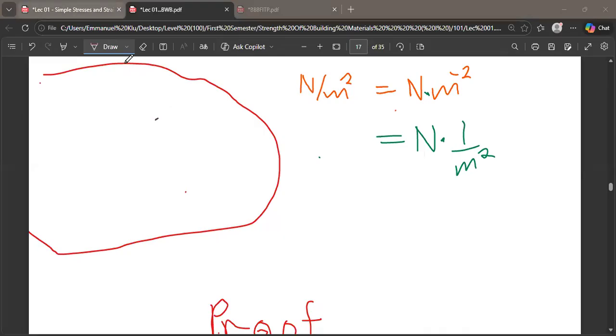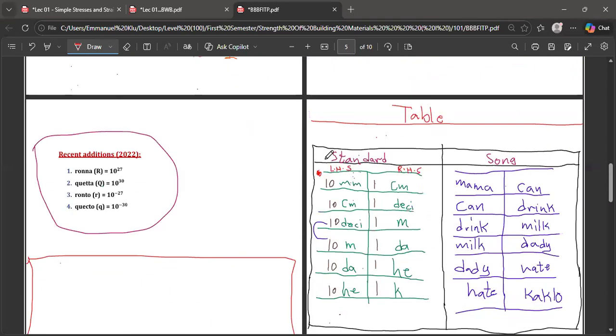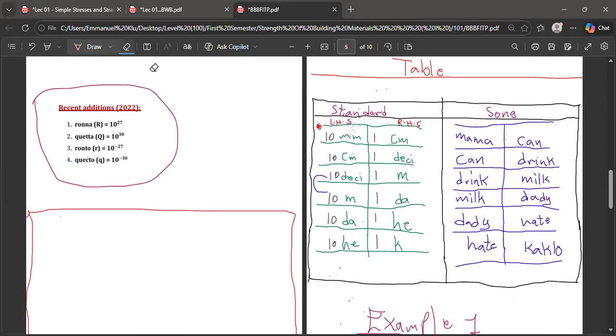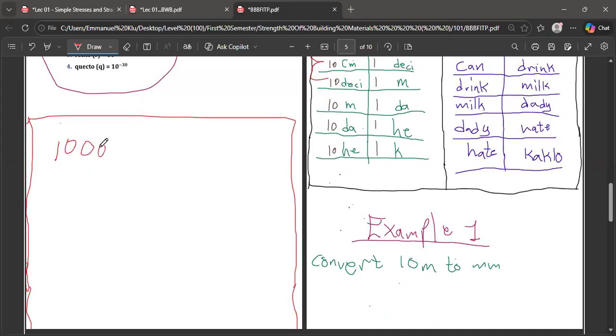The other day, from whatever we learned from our graph and from the song, if we want to look for the formula for that, remember that it is going to be 10 times 10 times 10. So 10 times 10 is 100 times another 10 is 1,000. So at the end of the day, 1,000 millimeters is equal to 1 meter. So what about if it is a meter squared?